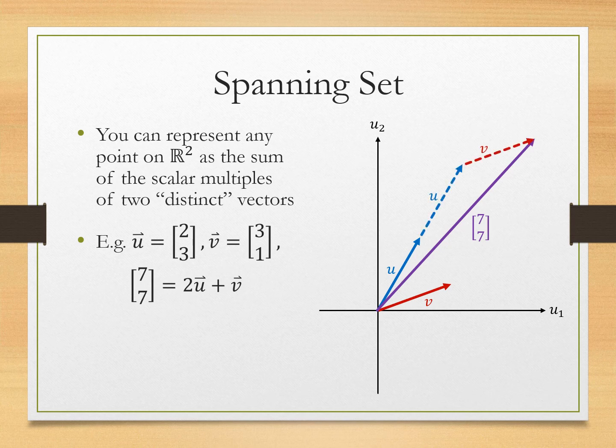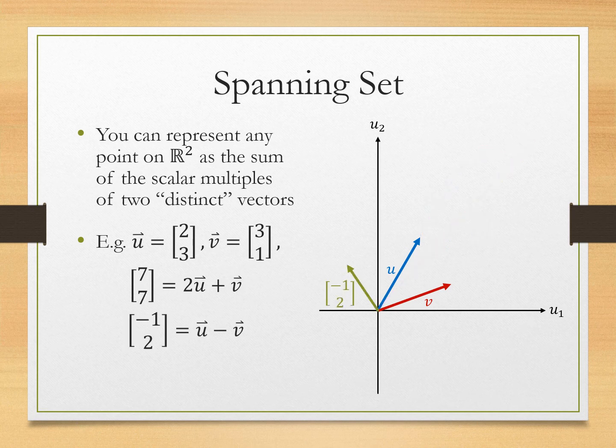Well, you can do this. 7, 7 turns out equals 2 times u plus v. So 2 times u is 4, 6, plus 3, 1. That becomes 7, 7. So you can see graphically, the purple vector equals 2 blue vectors plus a red vector.